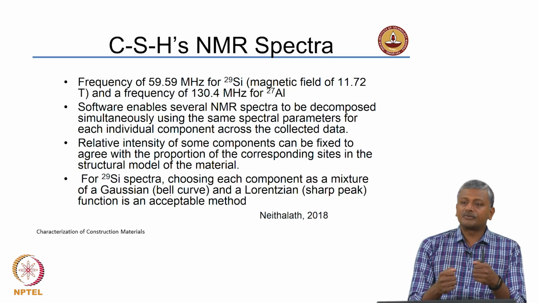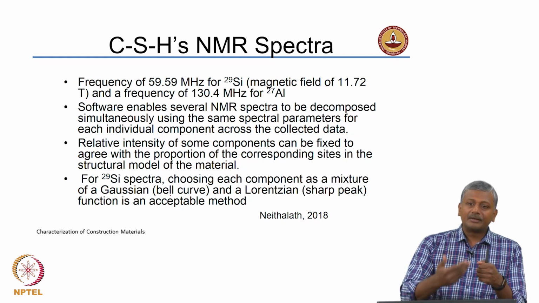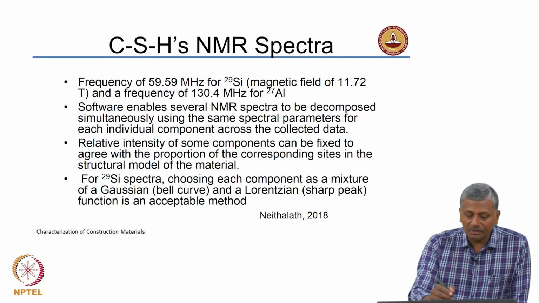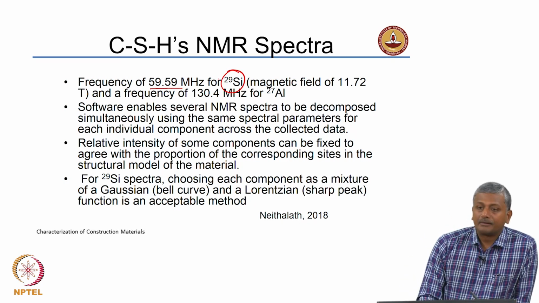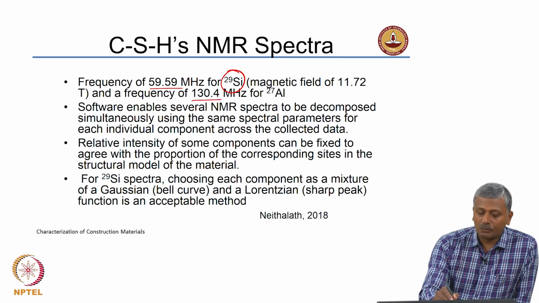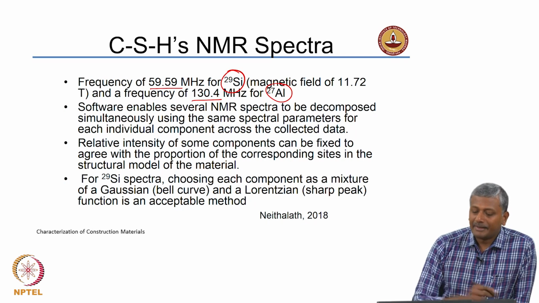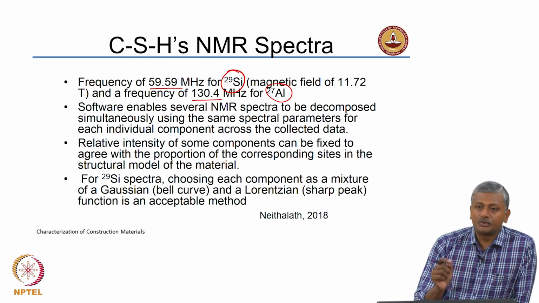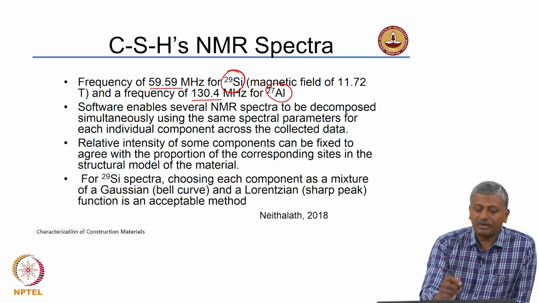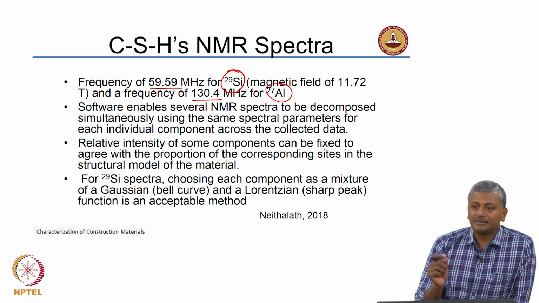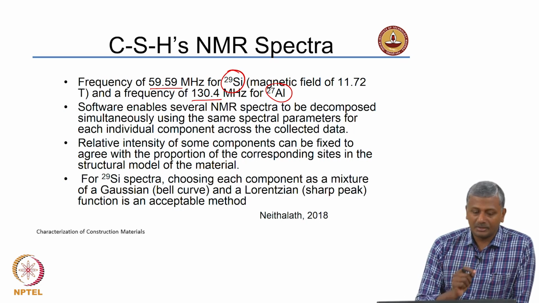The greater lengths of the sheets are created by progressive states of hydration. Okay. So, a frequency of 59 megahertz for silica is chosen and a frequency of 130 megahertz is chosen for alumina. So, we can either do silicon NMR or aluminum NMR at different frequencies to try and understand the state of the CSH in the system.